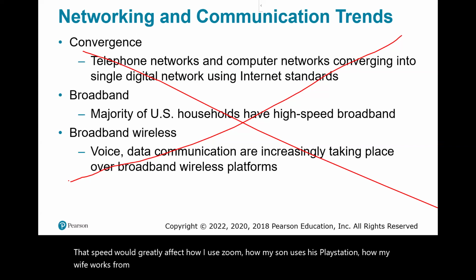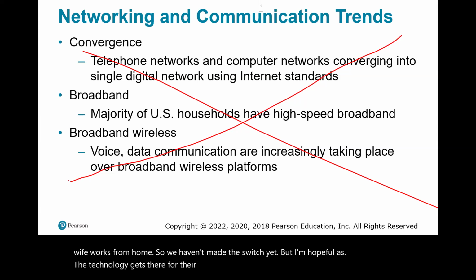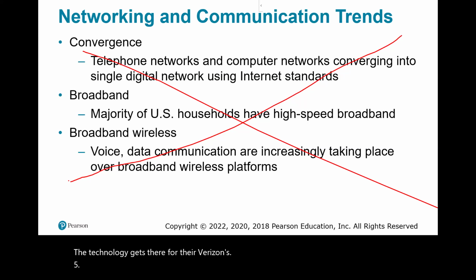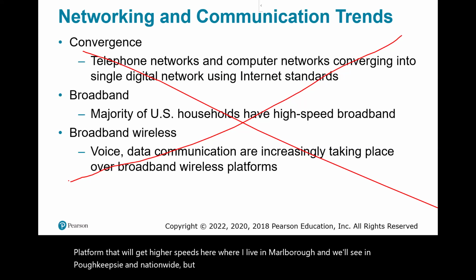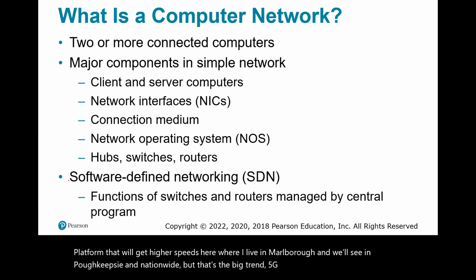So we haven't made the switch yet, but I'm hopeful as the technology gets there for Verizon's 5G platform that we'll get higher speeds here where I live in Marlboro, and we'll see it in Poughkeepsie and nationwide. But that's the big trend, 5G wireless.